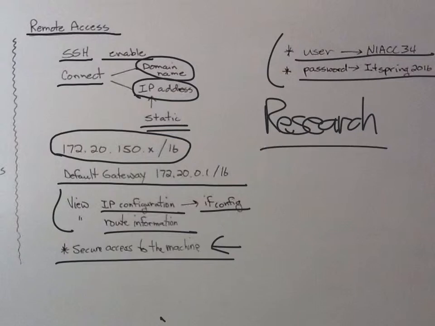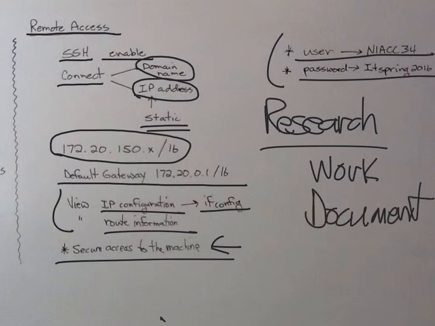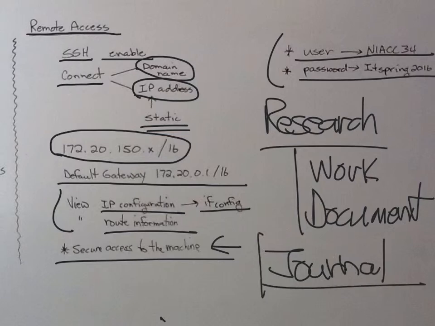So they did the research, they did the work, and they documented it. They should have created and documented the work. And this all goes into the journal that each student should be accumulating. So last week we had all the things we did, and then this week we did this work on the servers.